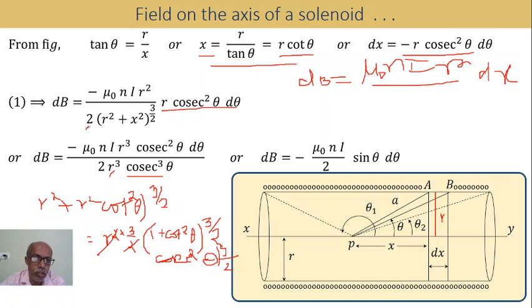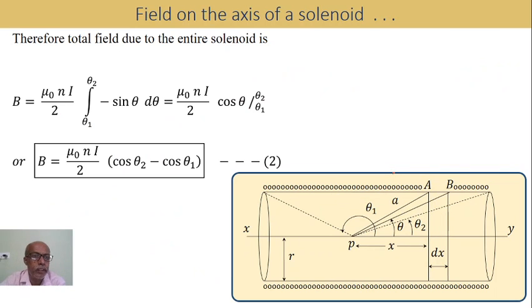2, as usual, we have not changed anything for 2, and finally the r cubes get cancelled, cosecant square gets cancelled with cosecant cube, and the remaining is therefore dB equals minus mu naught Ni by 2 into 1 by cosecant. 1 by cosecant is nothing but equal to sin theta into d theta.